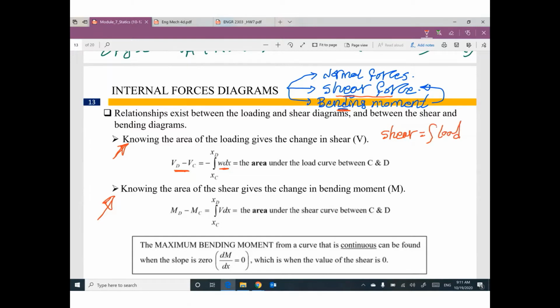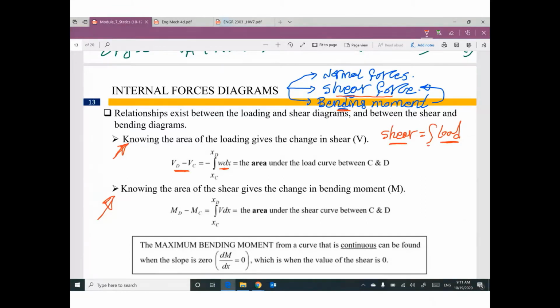Wow, integration, that means we will do integration and the mathematics calculation, all of this stuff. No, just for your information. Shear is integration of load. That means if you have a load, you can integrate it to figure out the shear force diagram.